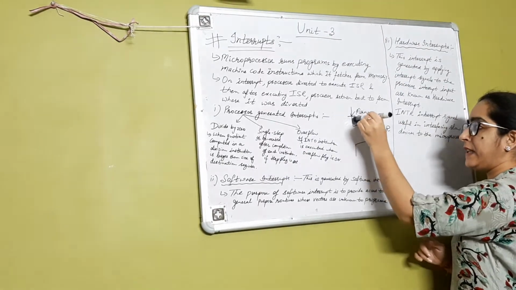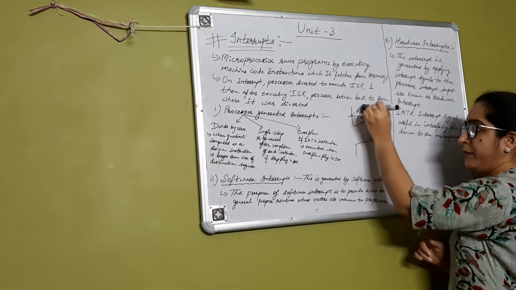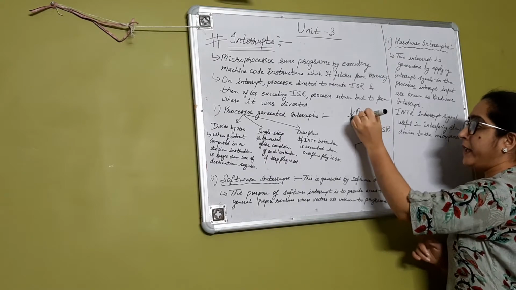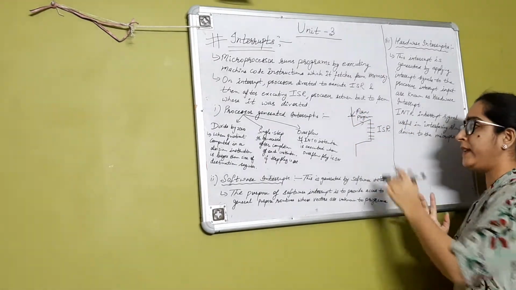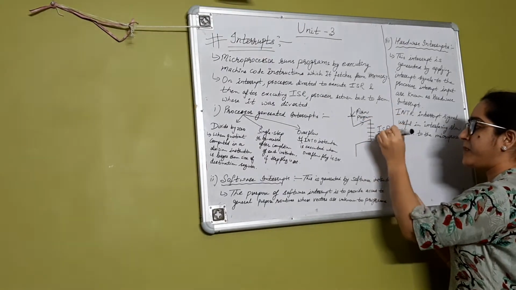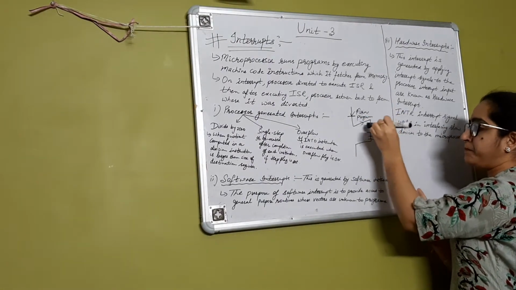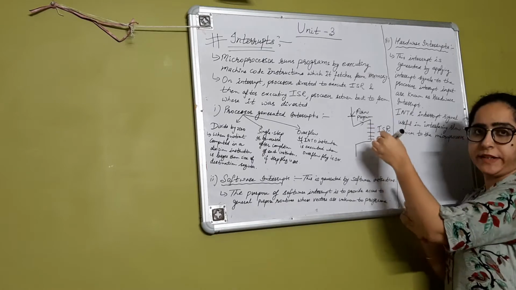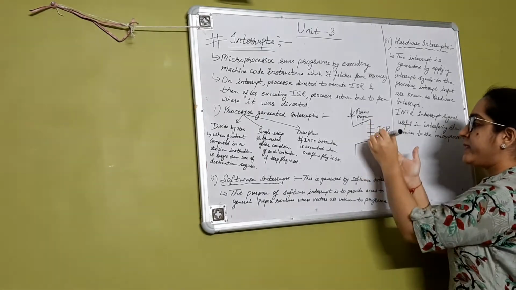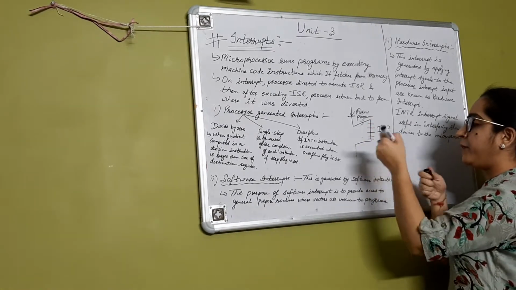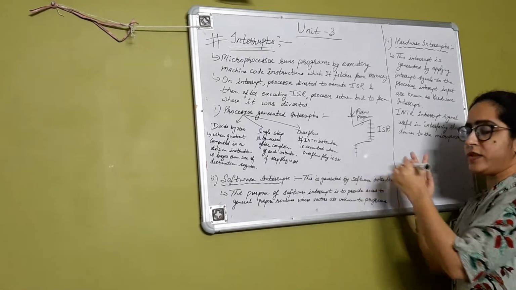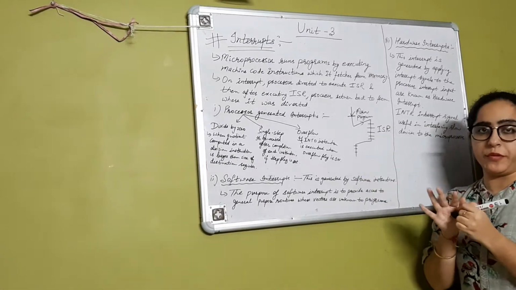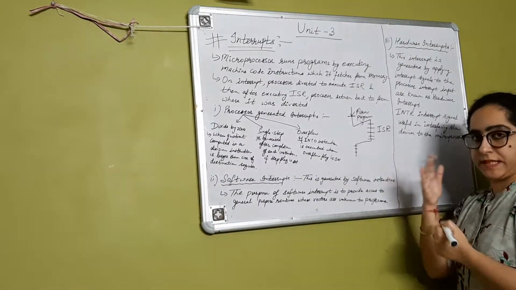So the first thing is the program counter content, second the CPU registers, and third the status bits. Before leaving the main program, it saves all these three things in the memory stack, then moves to the interrupt service routine and executes the set of instructions there. Once it is over, it comes back to the main program and executes its instructions. Okay, this I have already discussed.